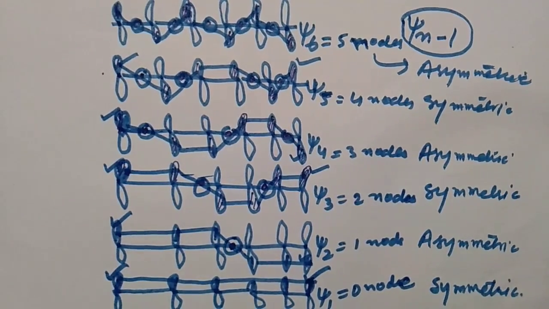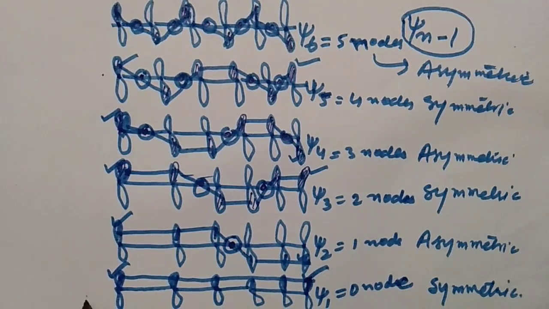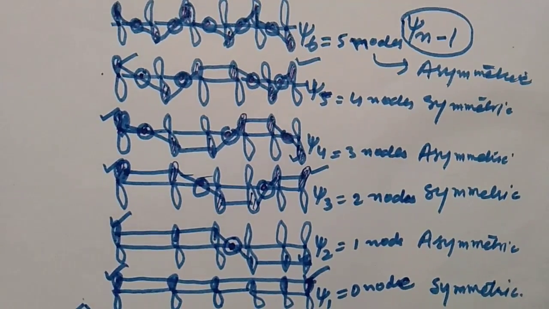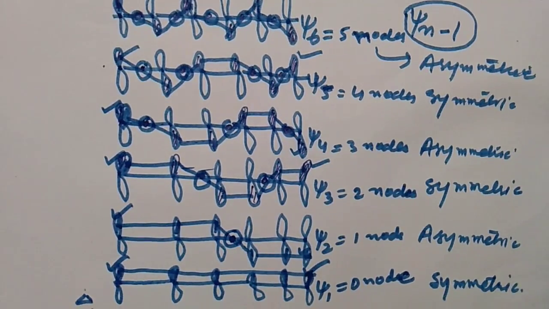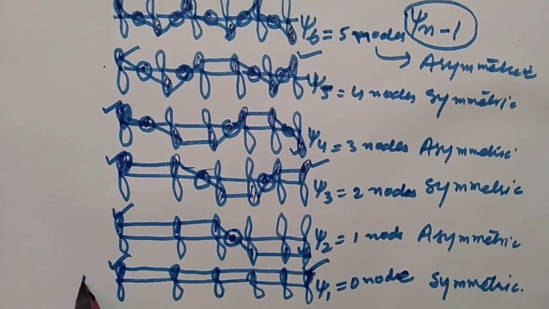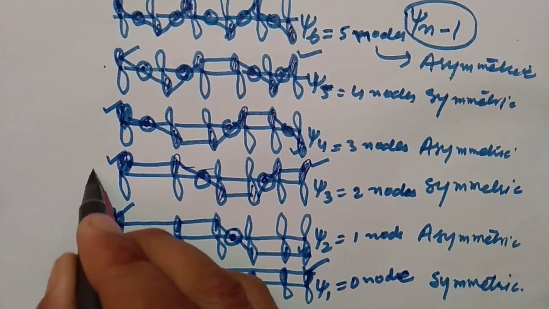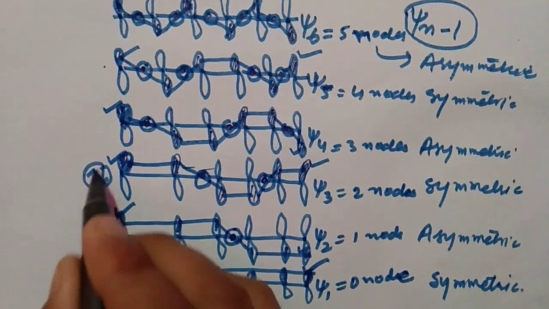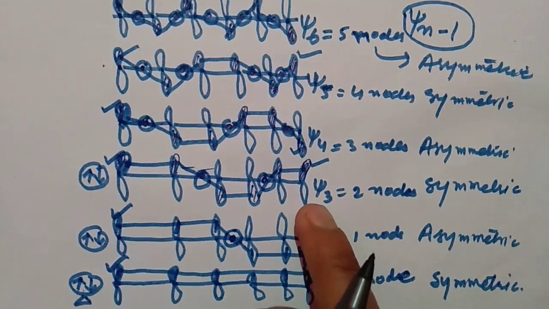Now there are 6 electrons. First we talk about thermal condition. The 6 electrons we can fill here: 2 electrons, 2 electrons, 2 electrons. These are 3 orbitals, psi 1, psi 2 and psi 3.